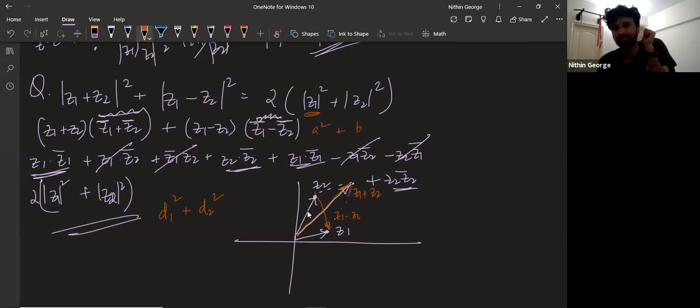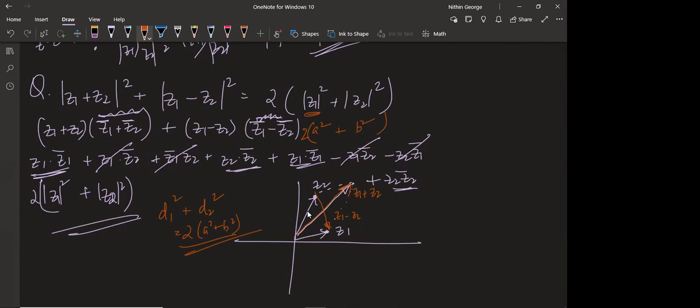This is the first side, this is the second side. For any parallelogram, this is true, right? Yes, sir.